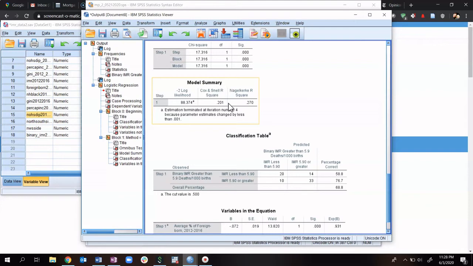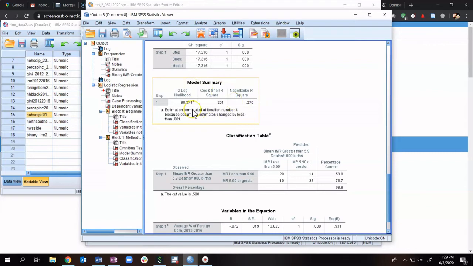If we believed this were an actually useful measure, we would say that Nagelkerke R square shows that about 20% of the variation in the odds of having an IMR over 5.9 deaths per thousand births is explained by the average percent of foreign-born residents.